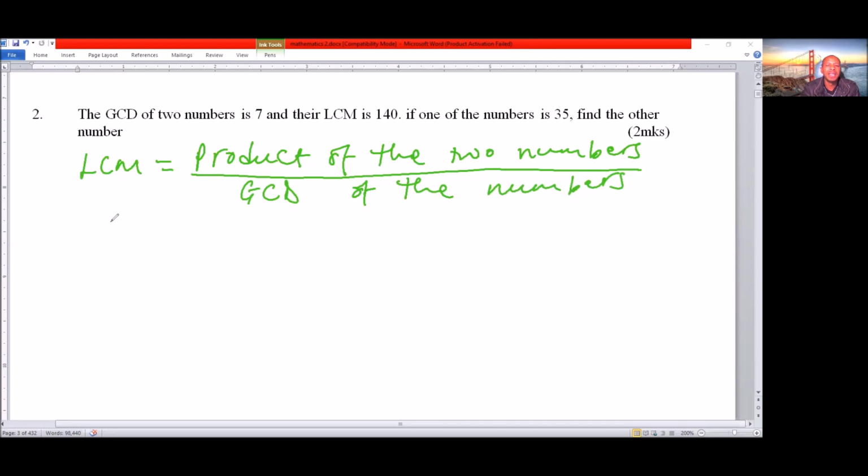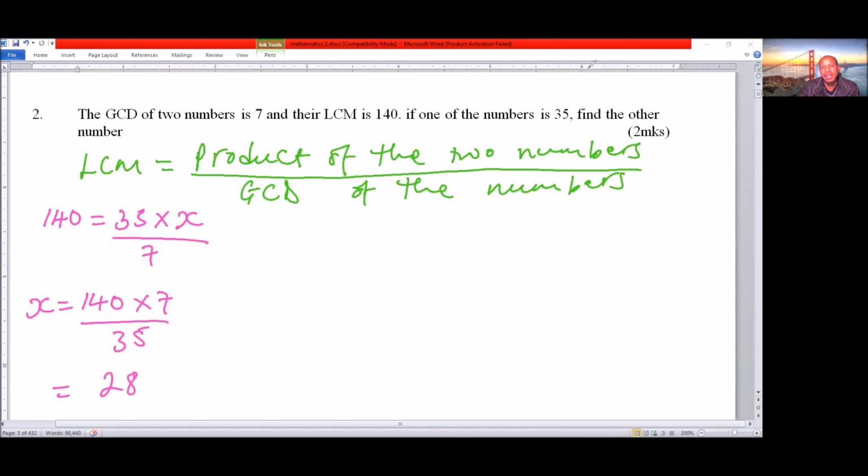So you have been given the LCM, it is 140. 140 is equal to, so one number is 35, multiplied by the other number, let it be x. So you multiply by x and divide by the GCD, implying that our x is equal to 140 multiplied by 7, divided by 35, and when you work that out, you should be able to get 28. So the other number is 28.